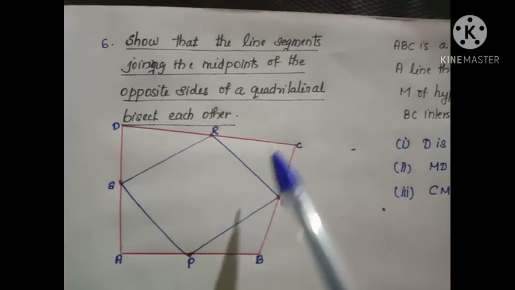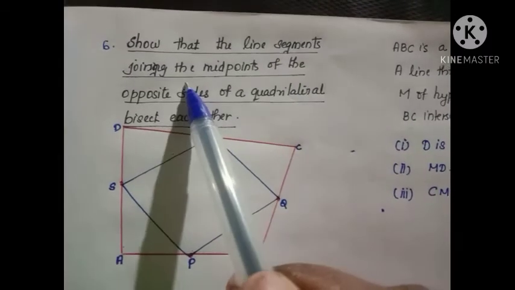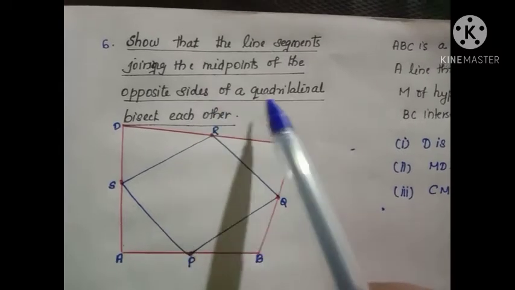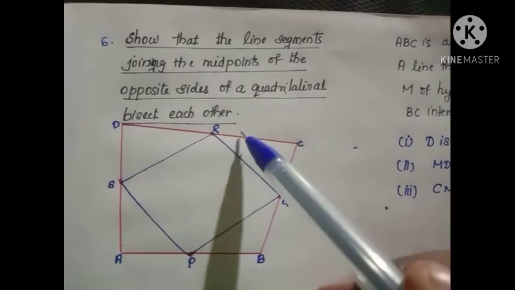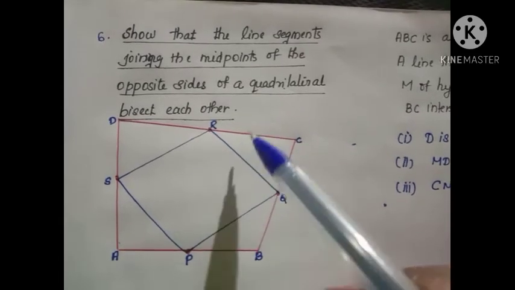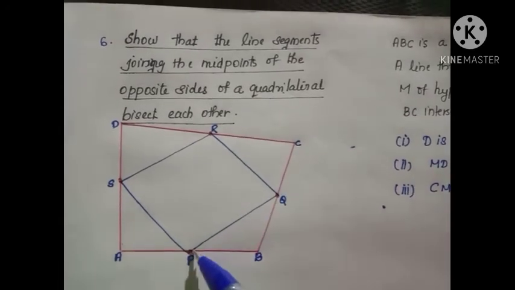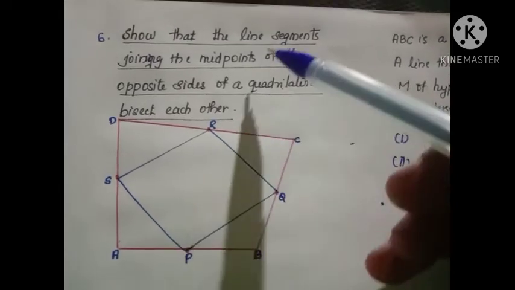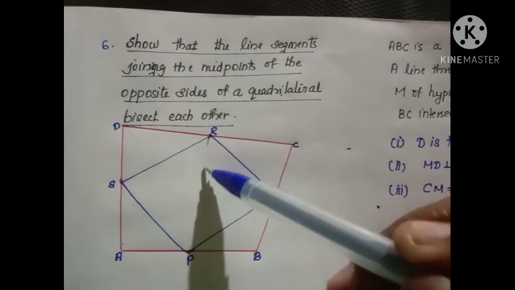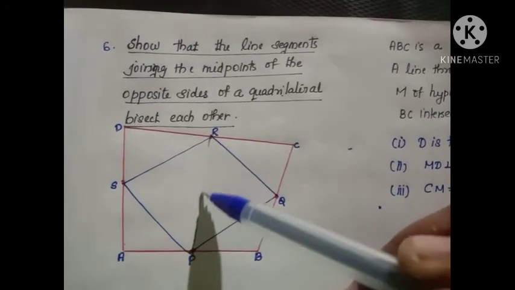We need to prove that the line segments joining the midpoints of opposite sides of a quadrilateral bisect each other. What are the opposite sides? AB and DC. What are the midpoints of these sides? P and R. In the question they are asking about the line segment joining these midpoints.